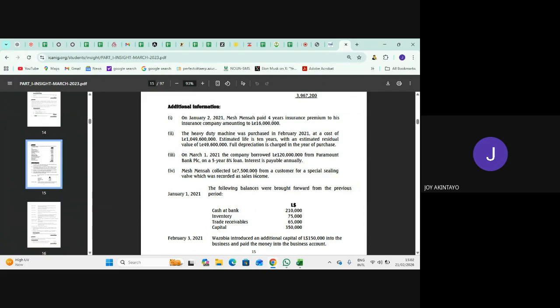Now, the question is: is the special dealing part of their operation? Is it part of their operation?